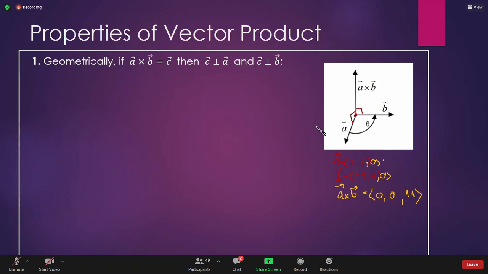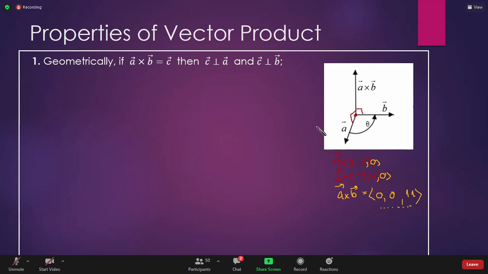So A and B are in the xy plane, but the third vector, the vector product, inevitably goes out into three dimensions. And what's more, it goes parallel to the z-axis, but perpendicular to the xy plane.